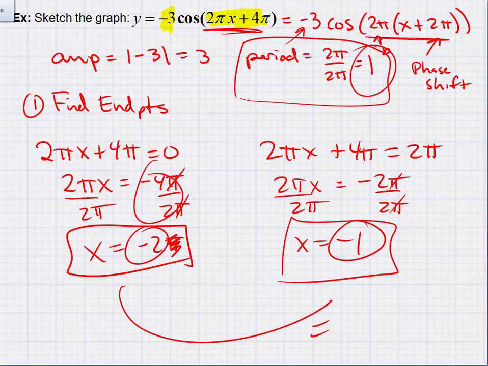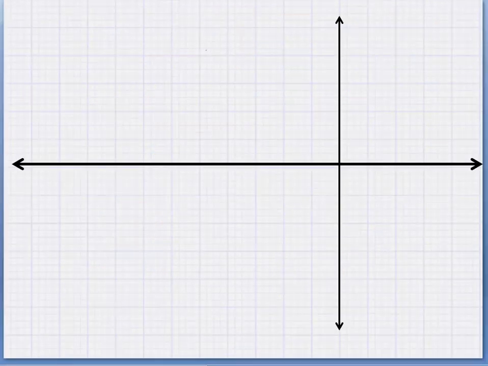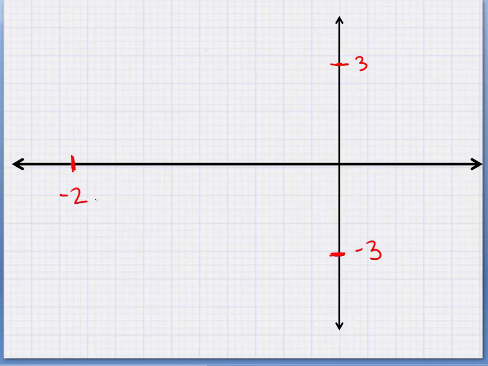Alright, so now we want to start putting this graph together. If we go back, our amplitude was 3, so we're going to go from positive 3 to negative 3. And our period was 1. Our endpoints were -2 to -1.